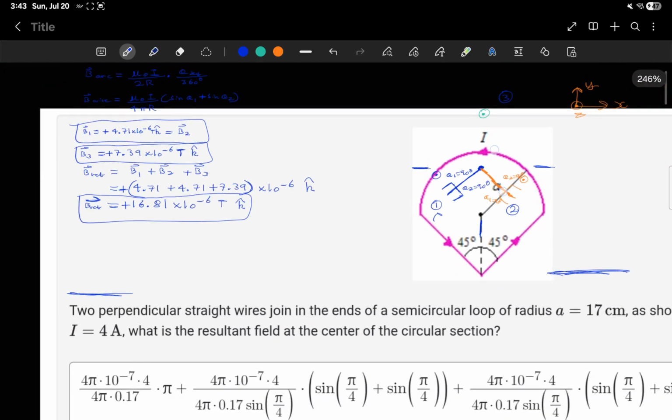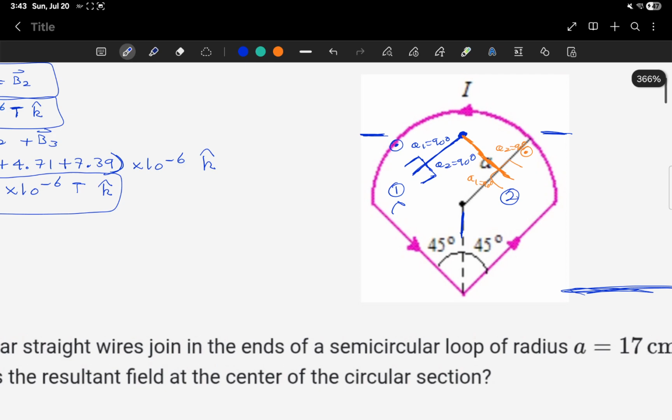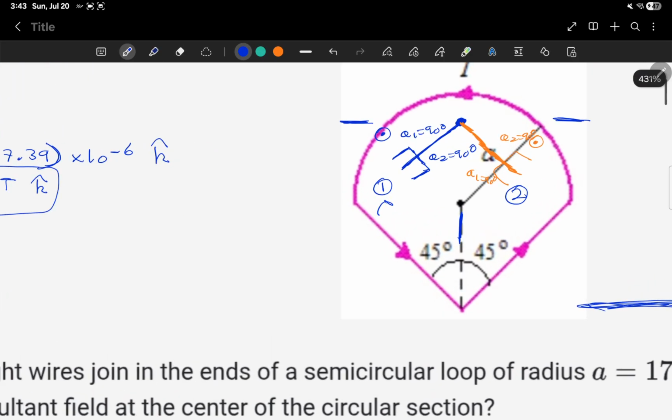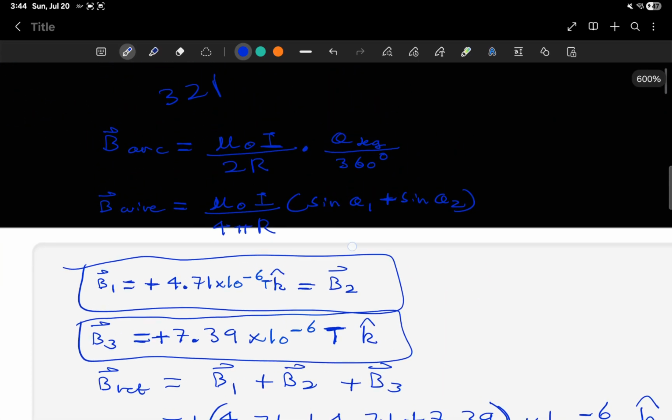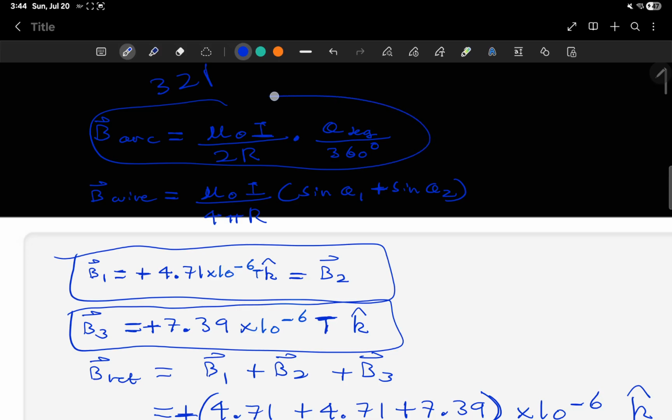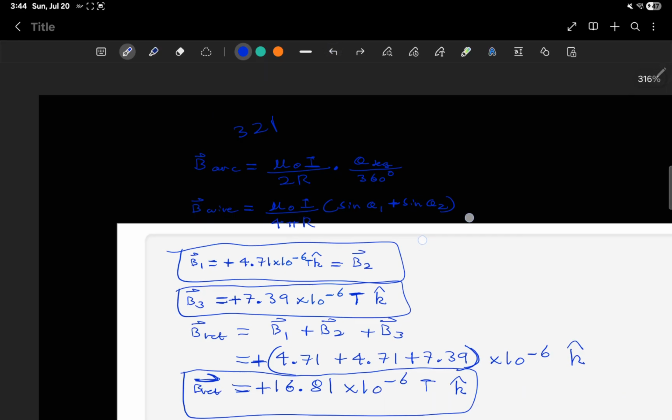It's similar to the other problems in the sense that you just break a massive shape into smaller segments and use different formulas depending on what the segment looks like. If the segment looks like a semicircle or a quarter of a circle, you use this equation here, and if it's a wire, then you use this equation here, and you just need to be careful with the angles. Generally, the angles are the more troubling part.